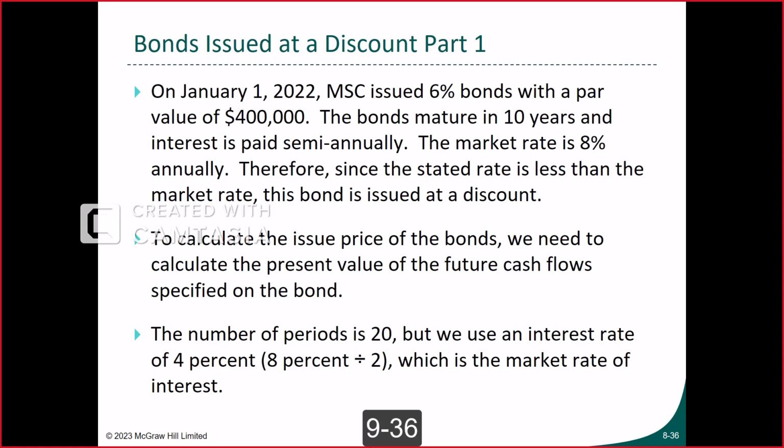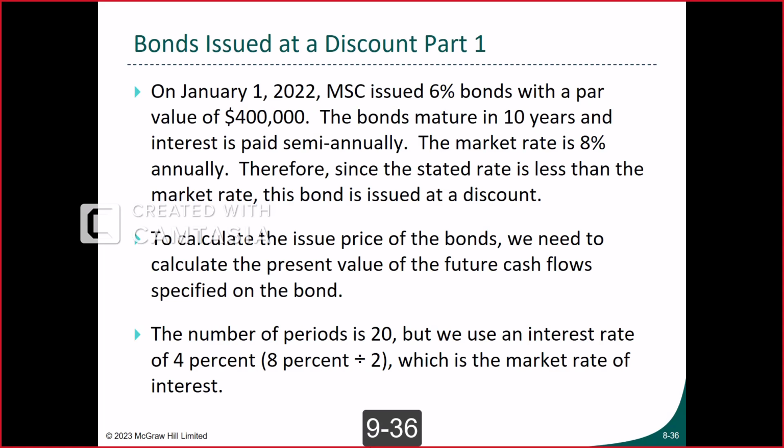Whether you collect less than $400,000 because of a discount, or more than $400,000 because of a premium, at the maturity day you're going to reimburse $400,000, the maturity value or principal amount. The bonds mature in 10 years, so this refers to the maturity period. December 31st, 2031 will be the maturity day, right?